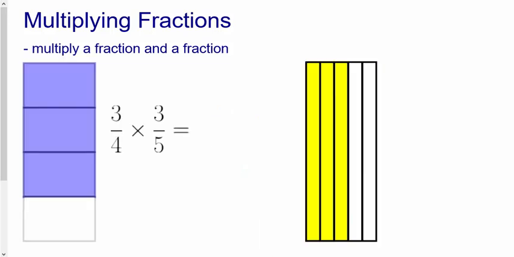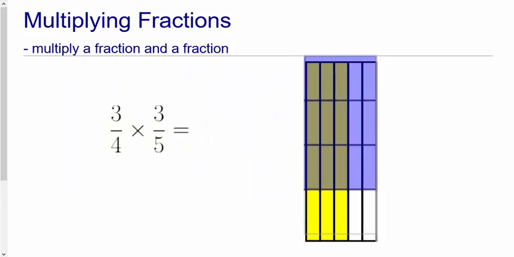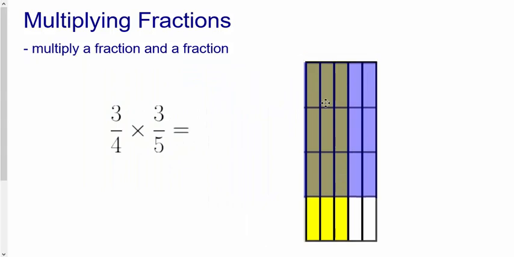All right, here's another one. 3/4 of 3/5. Okay, I got my model of 3/4 and 3/5 here. Again, I'm looking for that overlap. I'm going to try to find 3/4 of 3/5.